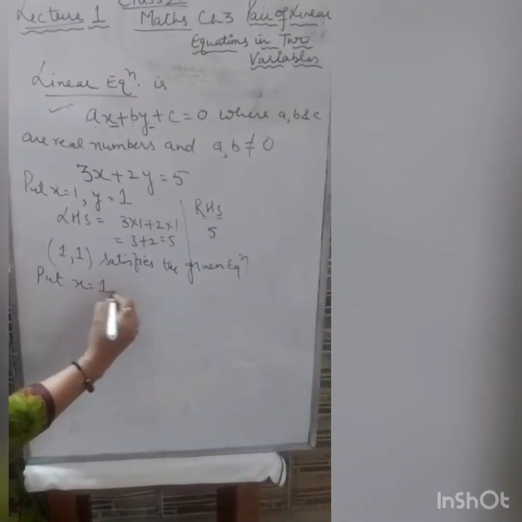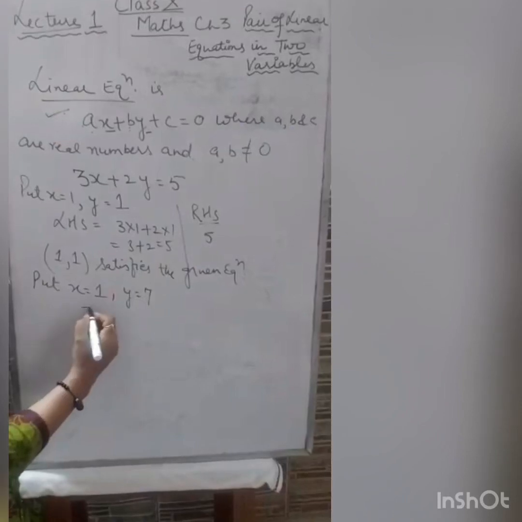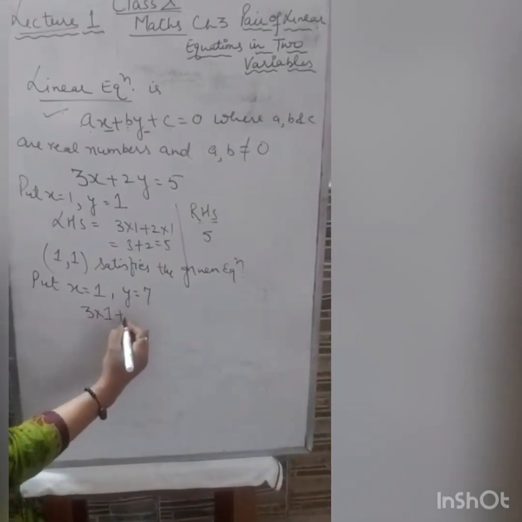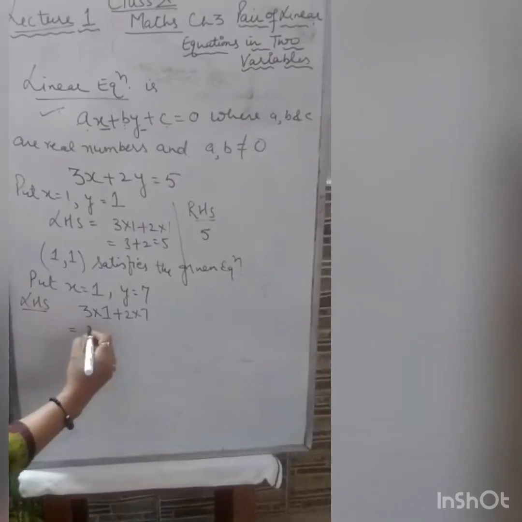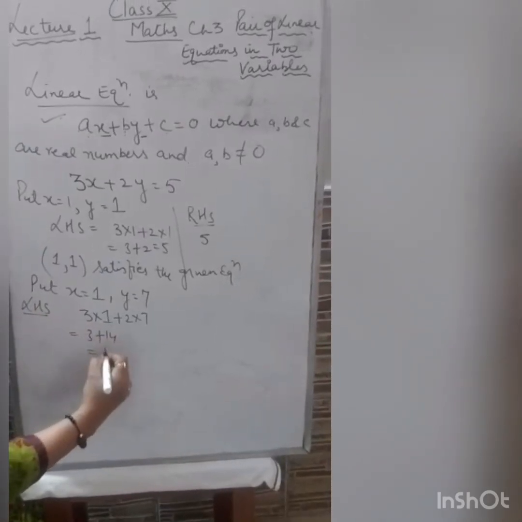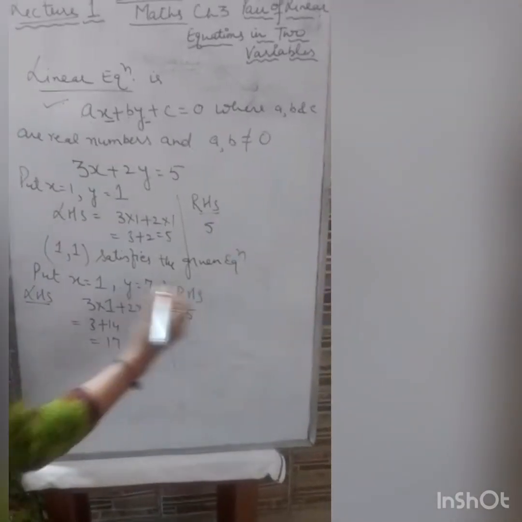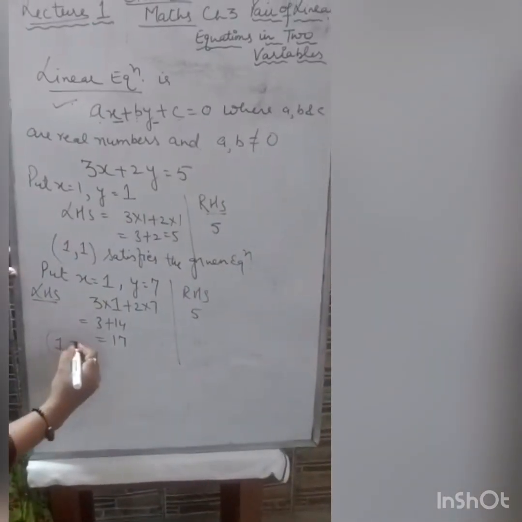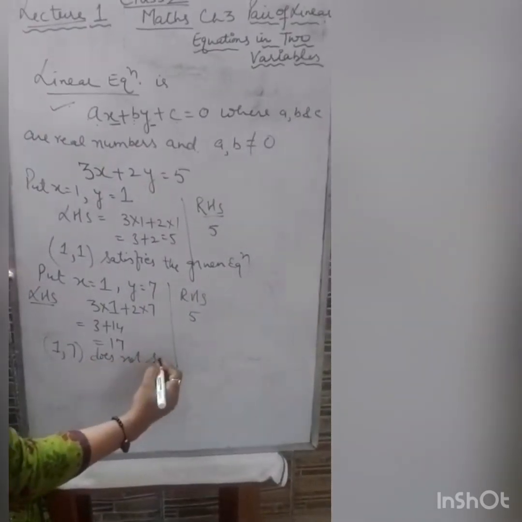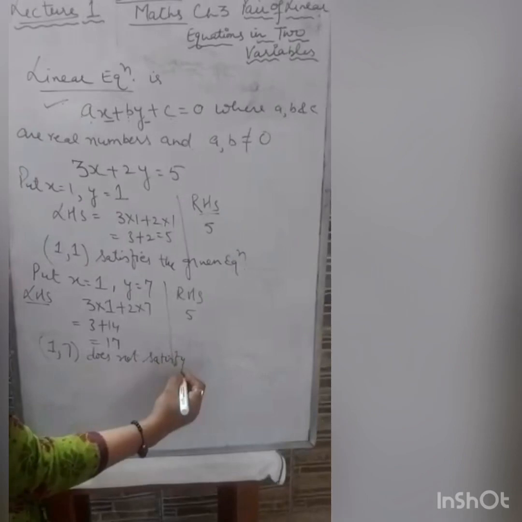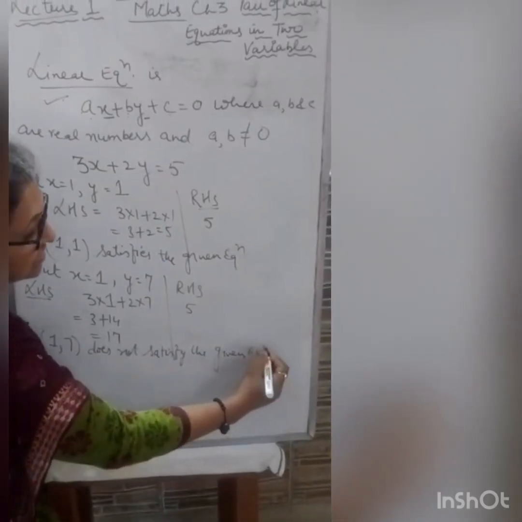Now you put x is equal to 1 and y is equal to 7. Any point you put, 3 into 1 plus 2 into 7. This is our left hand side. Means 3 plus 14, so it is your 17. And right hand side is your 5. So the point 1 comma 7 does not satisfy the given equation.